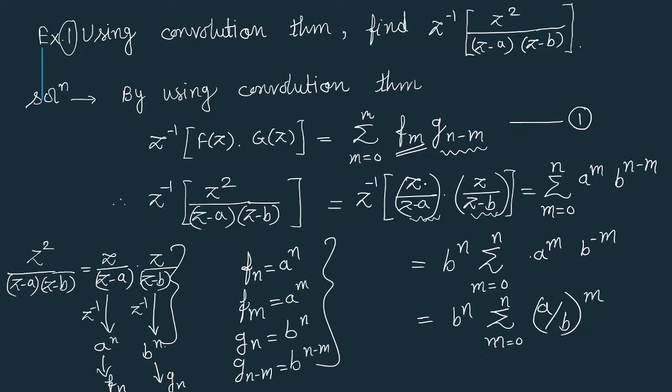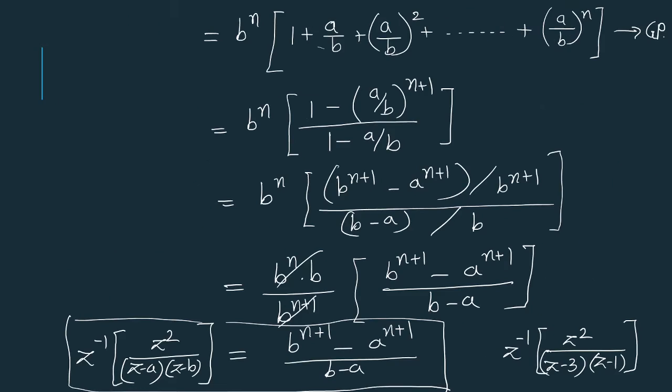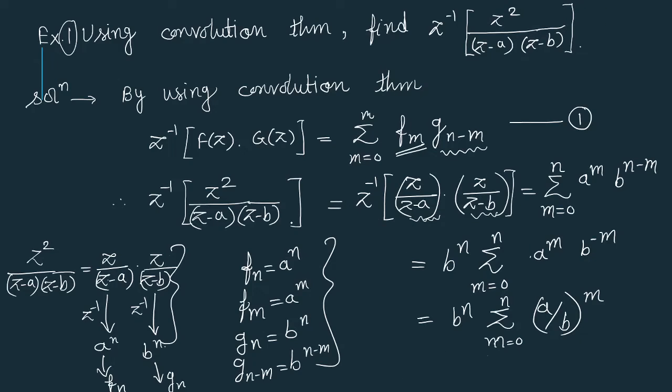Now here z upon z minus a, its Z inverse is a to the power n. This is the value of f of n. Similarly, z upon z minus b, if we find its Z inverse, then its value is b to the power n. This is the value of g of n.